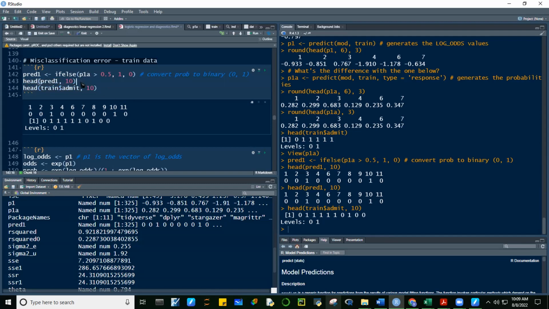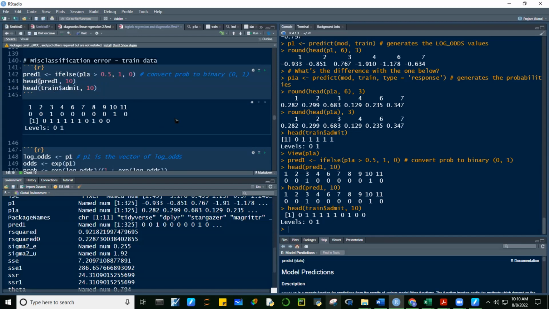So, what have we done so far? We computed our model using GLM, and the model generated the log odds ratios. We can convert the log odds ratio to probabilities. So we generated that object called P1A consisting of probabilities, and then we converted those probabilities into 0 or 1 based on this.